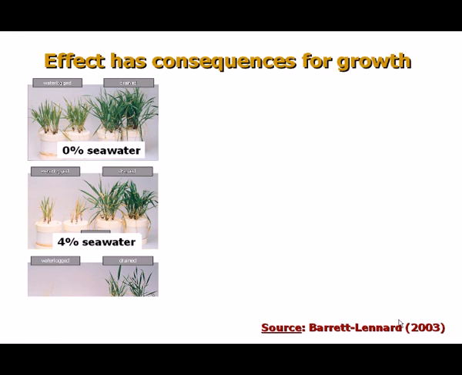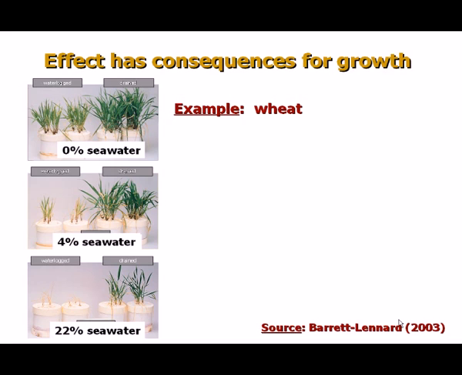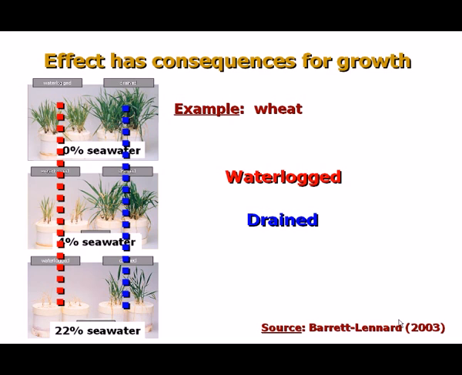I'm now going to show you a data set again with wheat, in which we've got plants grown under waterlogged conditions or under drained conditions. Waterlogged plants on the left, drained on the right, and we've got increasing salinity as we go down the photographs.